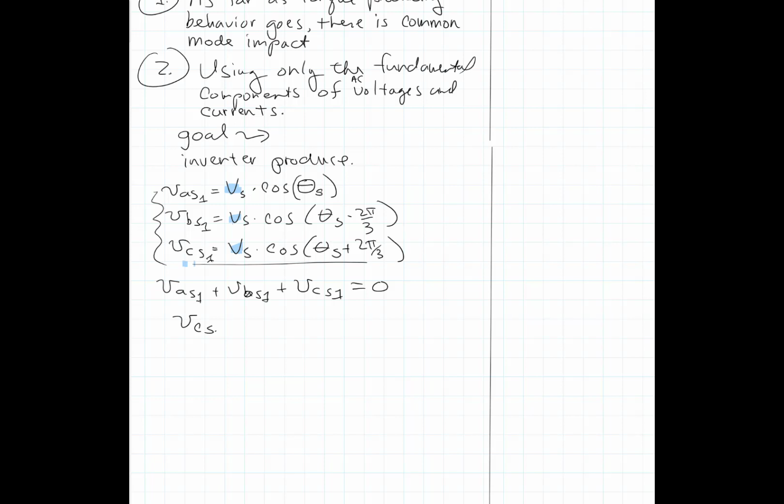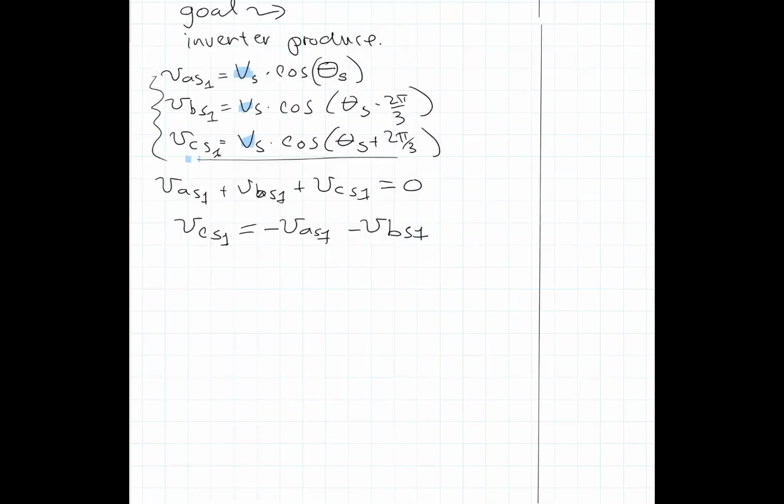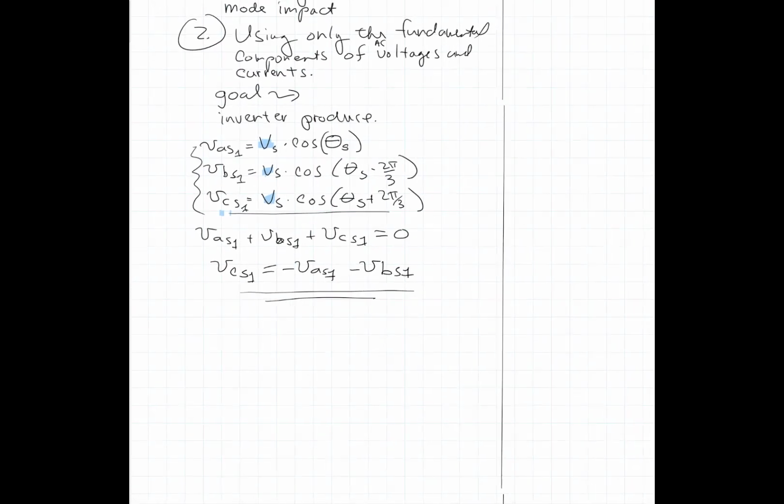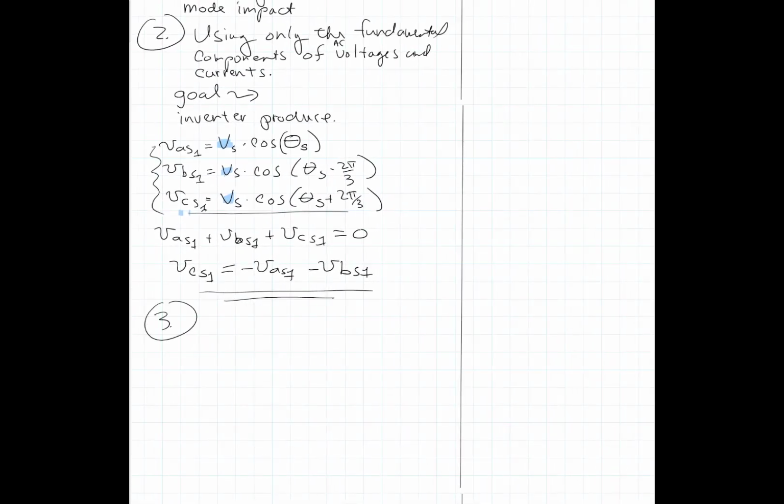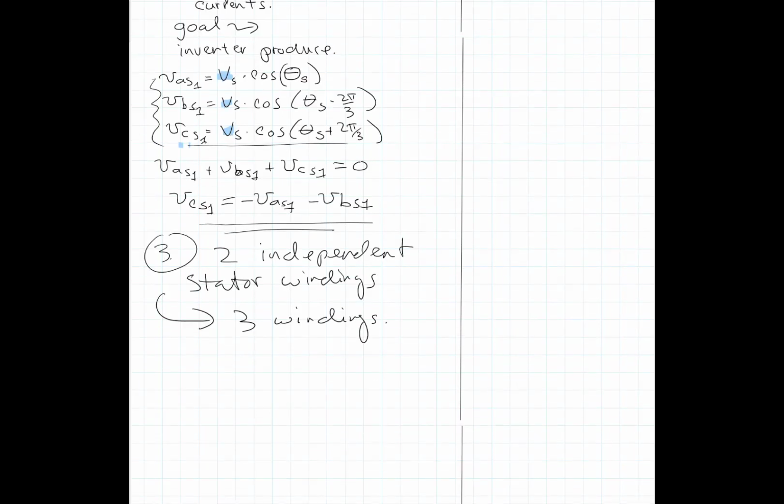For example, VCS is equal to negative VAS1 minus VBS1. So the third main point here is I have two independent stator windings, not really three. So there's going to be 2 lambdas and 2 voltage equations.